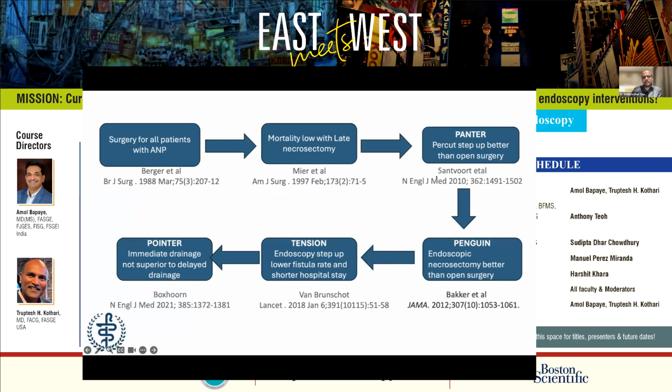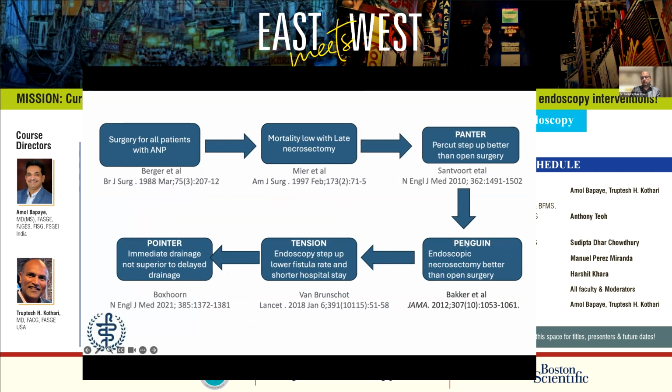Just to summarize the data we have so far, in the 1980s and 90s, it was surgery for all patients with acute necrotizing pancreatitis. Gradually, we moved on to accepting that if you do a late necrosectomy, the mortality was lower. The landmark trial from the Dutch Pancreatitis Study Group showed that the percutaneous step-up approach is better than open surgery.